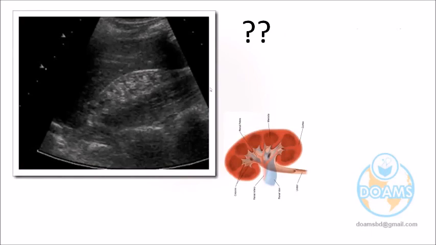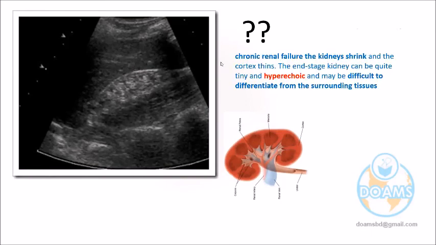This is the kidney. It is also chronic kidney disease and hyperechoic, may be difficult to differentiate from surrounding tissue. The kidney is shrunken, the cortex is much thinner. The cortex is there, but the differentiation is not.